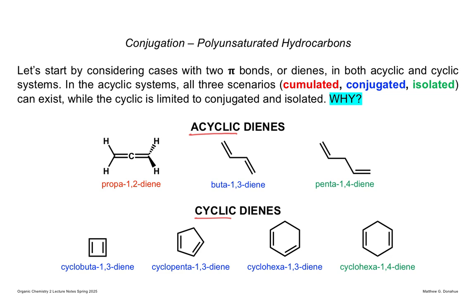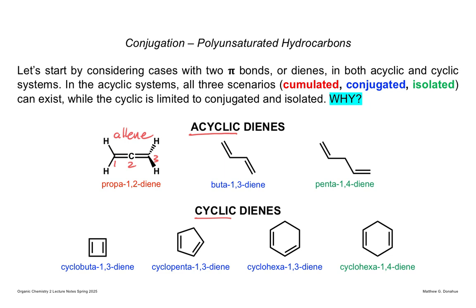So the accumulated system is propa-1,2-diene, and so this is generally called an allene. You can see that if we number 1, 2, 3, that the start of the first alkene is at position 1, and then the start of the second alkene is at position 2.